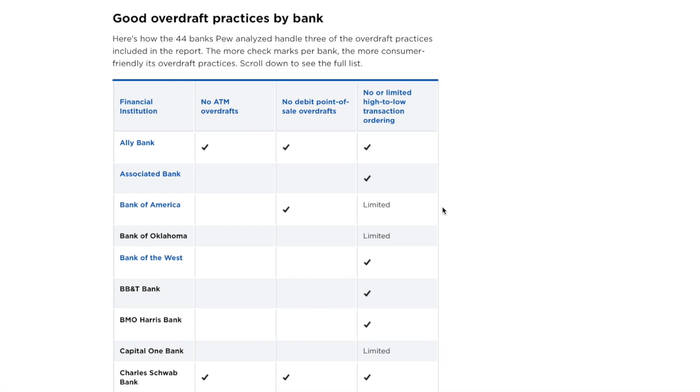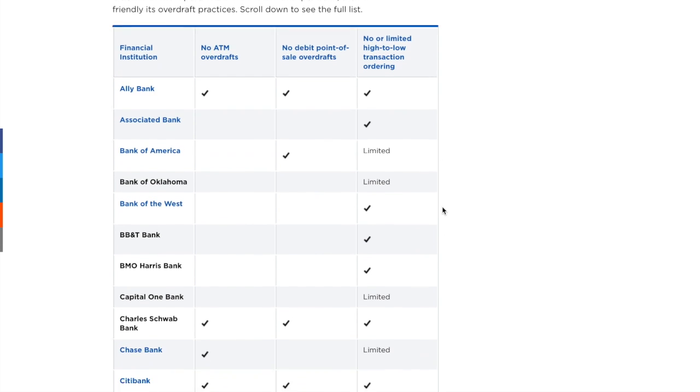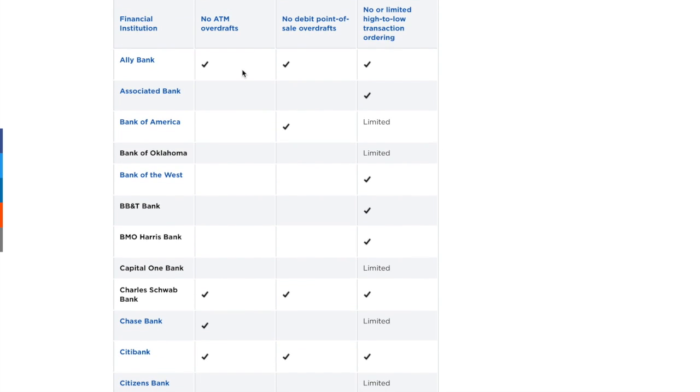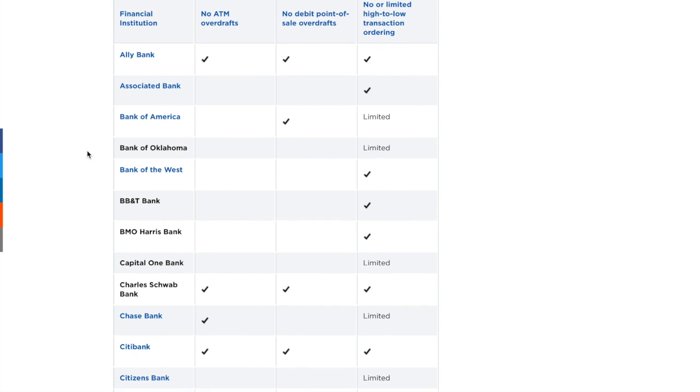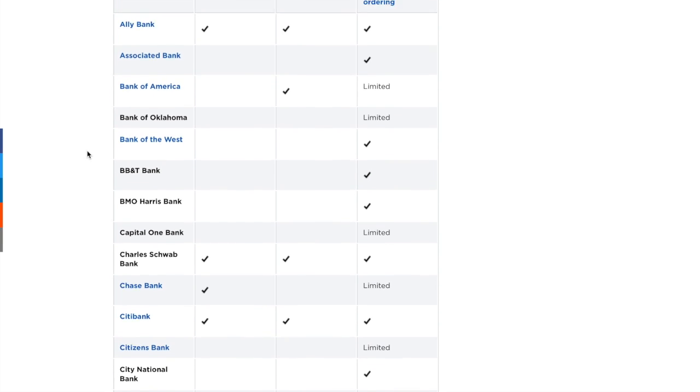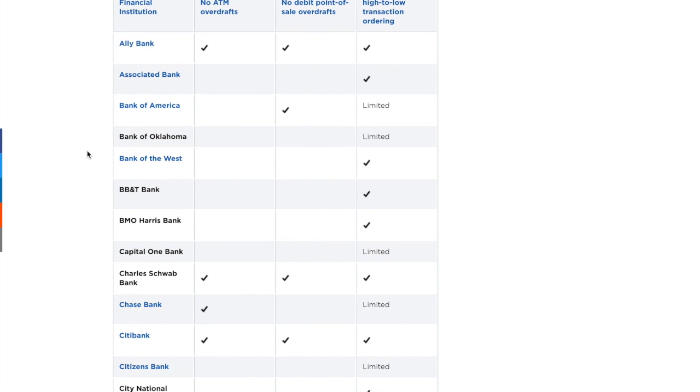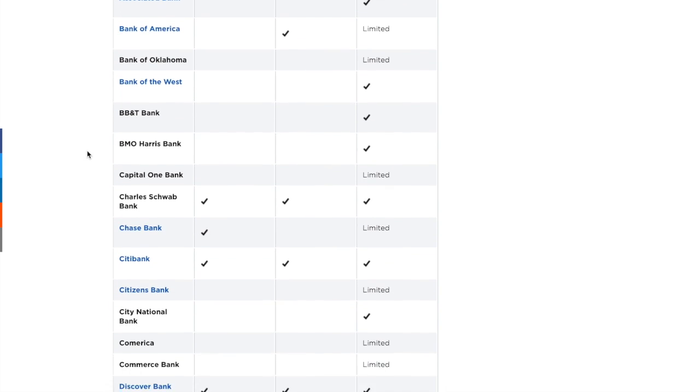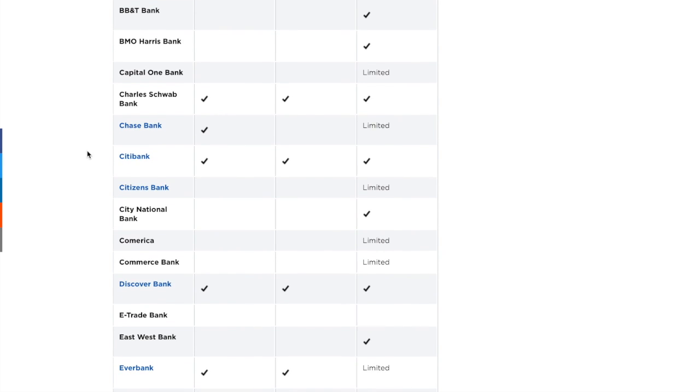Alright, so when you click on the second chart, it's very similar. It has the same banks, and in this one, the more check marks it has, the better it is. For example, the first bank has 3 check marks. That means that for the first column, they don't charge you for ATM overdrafts. They don't have any charges for using your debit card, and also they don't reorder the transactions that you have per day.